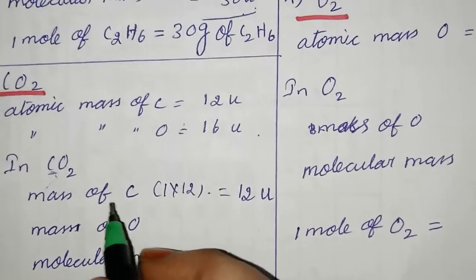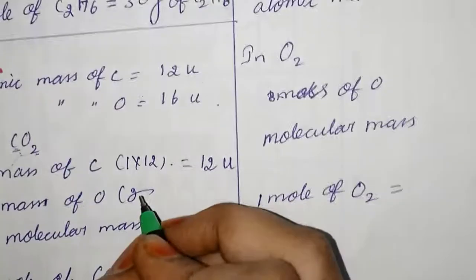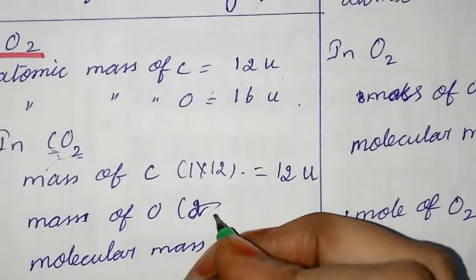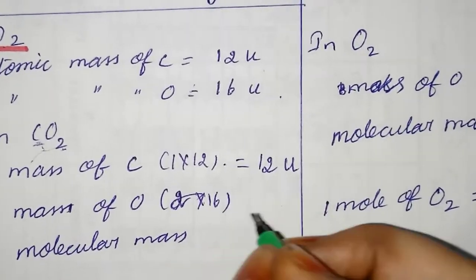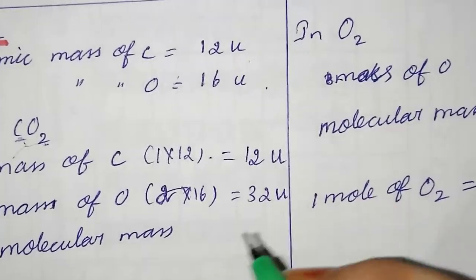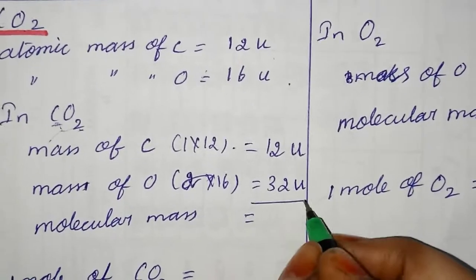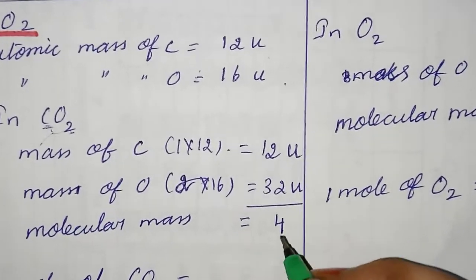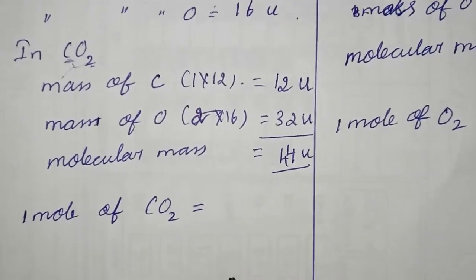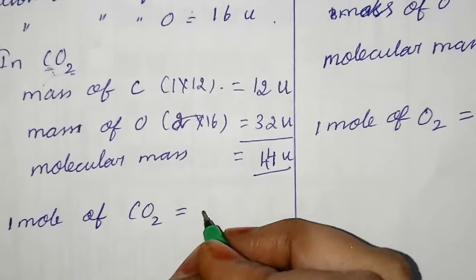Like that, mass of oxygen, in CO2 2 oxygen atoms are there, so 2 into 16, 32U. So molecular mass is equal to 44U.